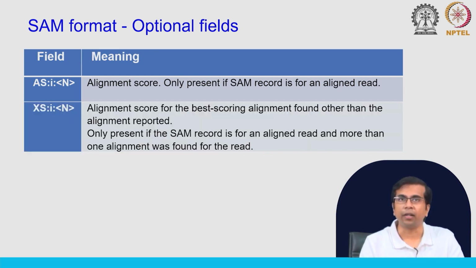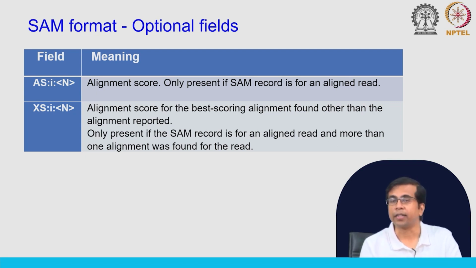Then you get something called XS:i:n. Again, this is an integer field, I means integer, so you get a number. Now, what you get in XS is the alignment score for the best alignment found other than the primary alignment. AS actually is the reported alignment, that is the alignment that is reported, the reference name, the position, this is the primary alignment, where the alignment has happened, and that gives us this alignment score AS.